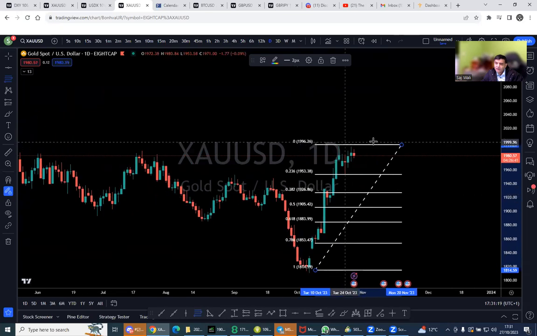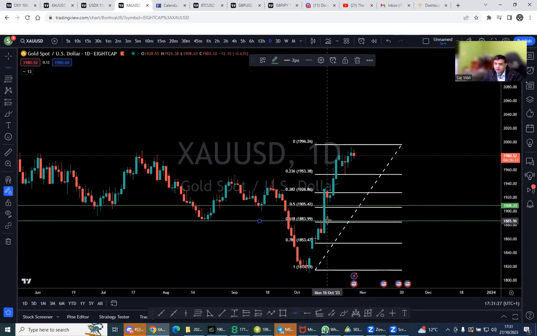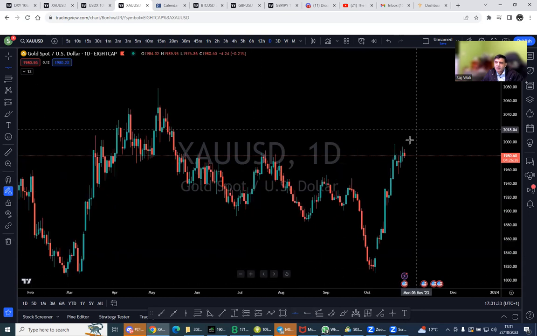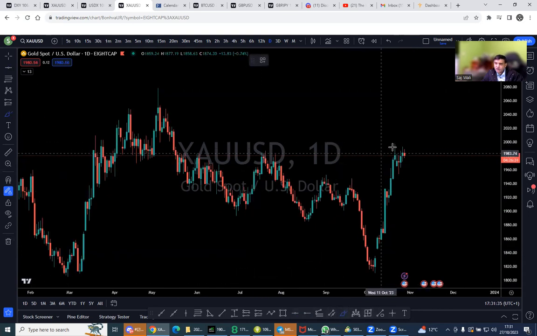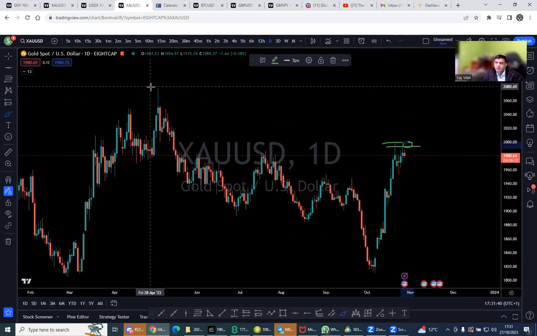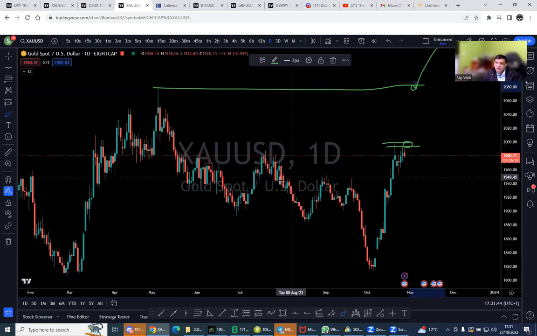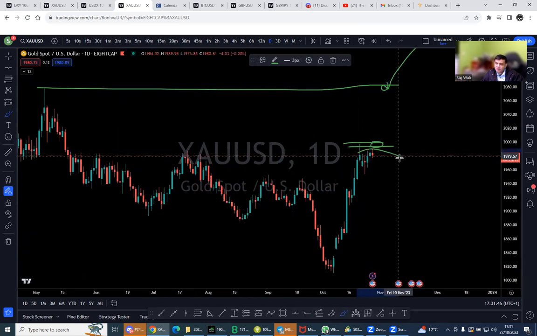However, technically it should come down between this level here, 50 to 60. This is around 1900 level. But because of this conflict, if this level is broken, 2000 level, we can expect all-time high and even further to the upside. So that's the situation in gold.